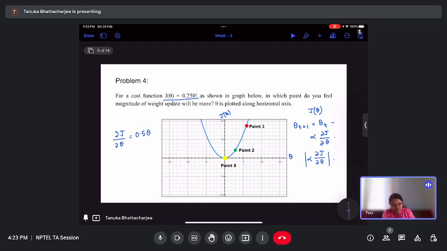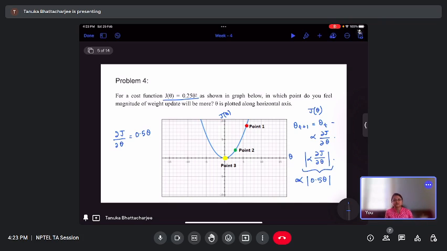So, this quantity, which is the change in your weight or magnitude of your weight update, is basically the magnitude of this del J del theta. You can just ignore the alpha because that is a constant quantity. So, it is linearly proportional to theta.